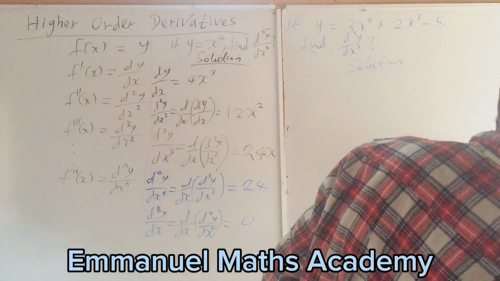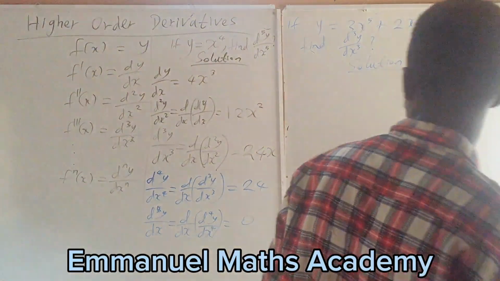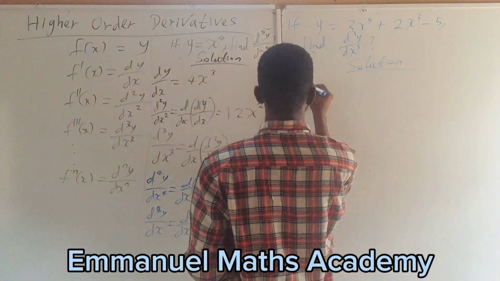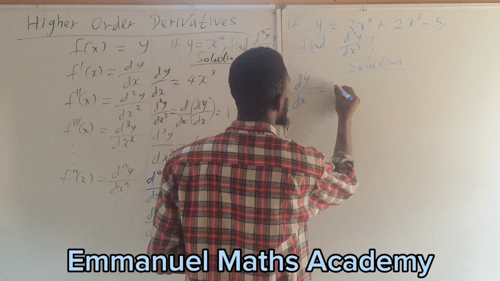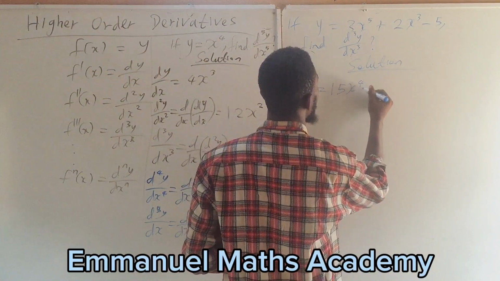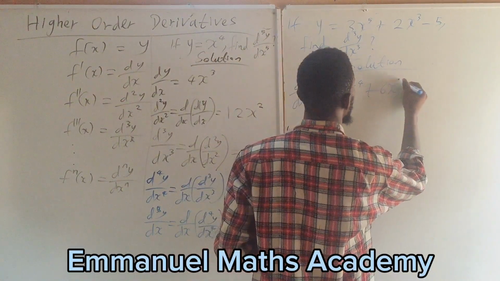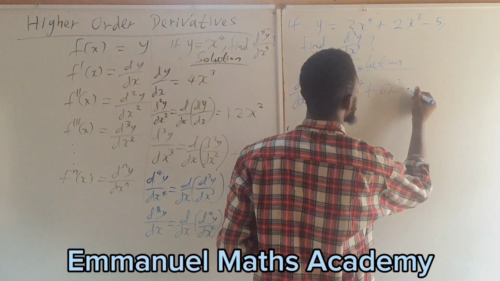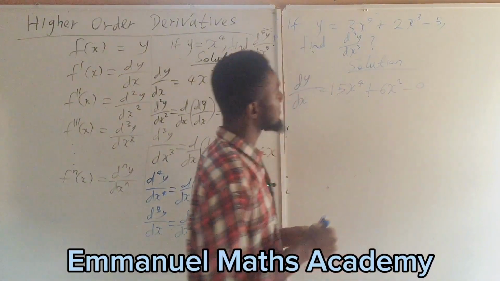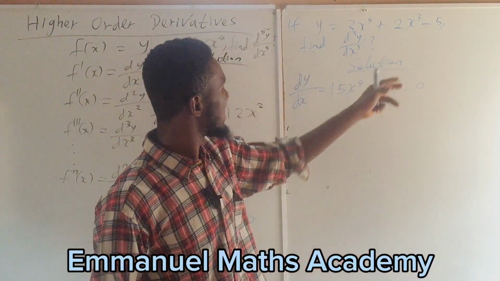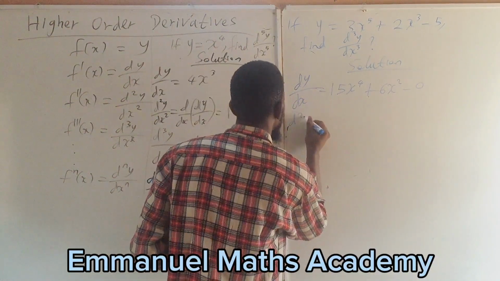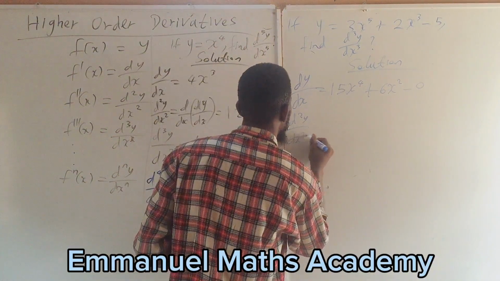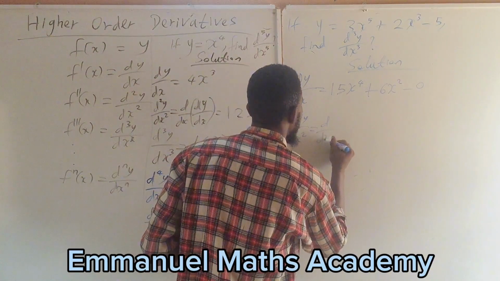Now to get the third derivative here, first our dy/dx is 15x power 4 plus 6x power 2, right? Minus 0. You can decide not to add the 0. Then the second derivative now is d squared y over dx squared equal to d over dx.